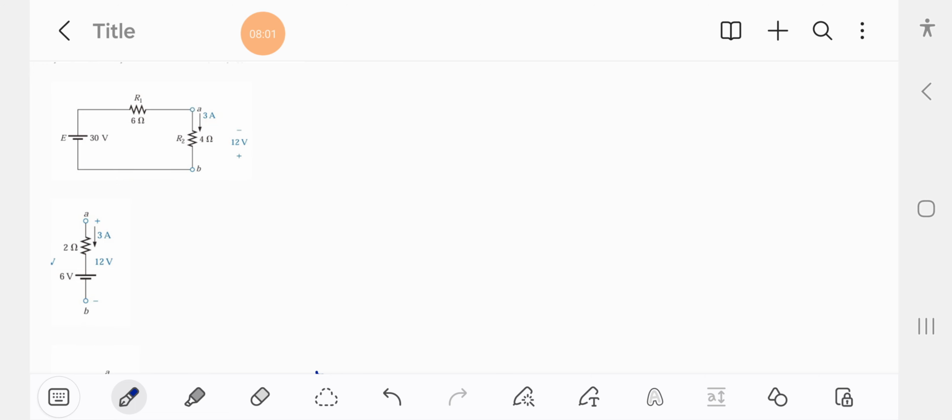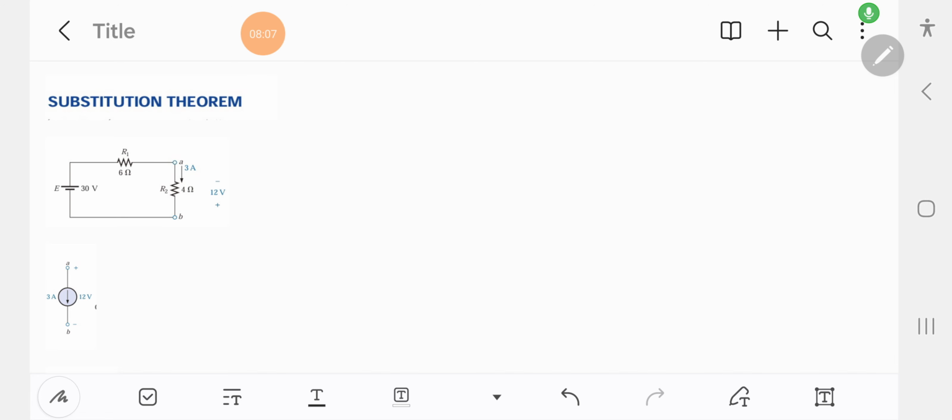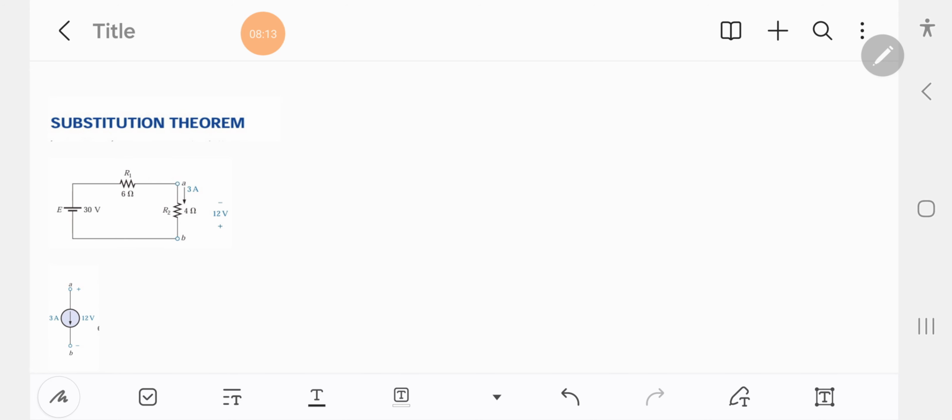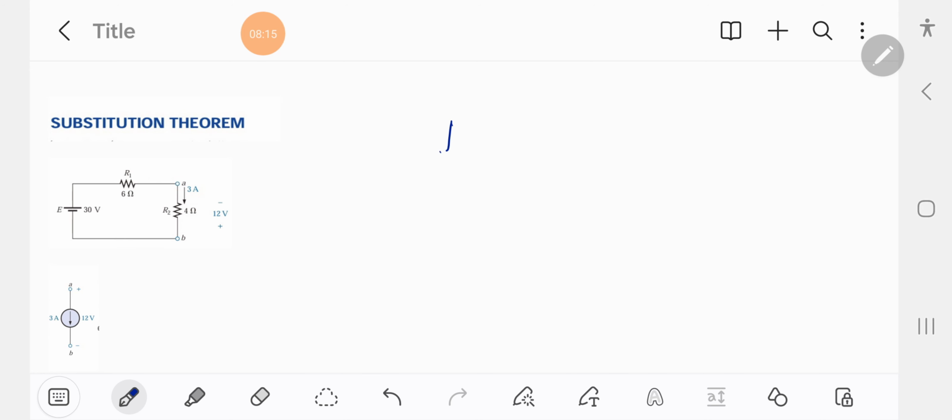So we can replace this branch by some other combination, like this, which will maintain that specific characteristic.